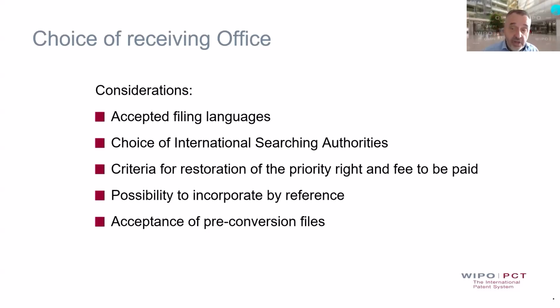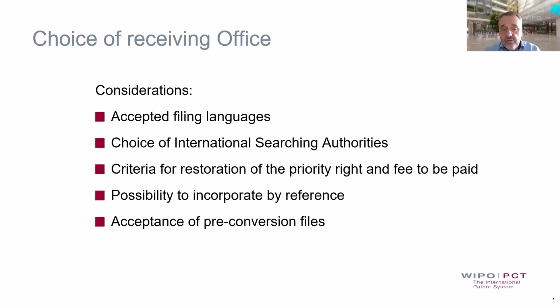So if it was correct in the priority application, you can possibly still save the content of your PCT application through incorporation by reference. Not all offices accept that, so maybe as a safeguard you want to always file your PCT applications with an office that accepts incorporation by reference.